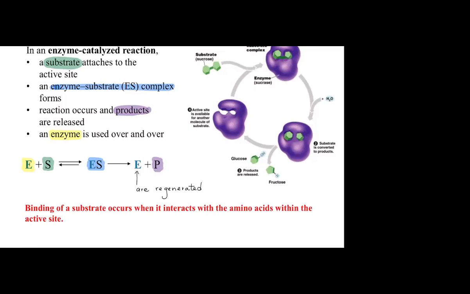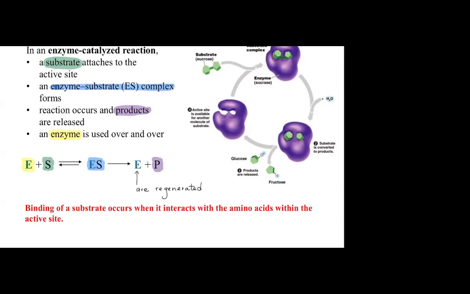What basically happens is that the enzyme and the product are going to separate. The product is released, and now the enzyme has the ability to go back and find a new substrate in order to create that product. So as you can see, this can be visualized as a cycle.